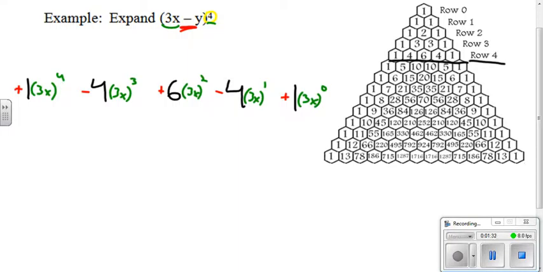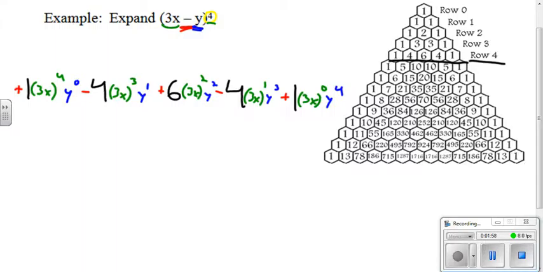So it's not just one piece, it's the whole term to that power. And similarly as before, we do y, our second term, starting from the bottom at 0 and working our way up to 4. So y to the 0, y to the 1, y to the 2, y to the 3, and y to the 4th.